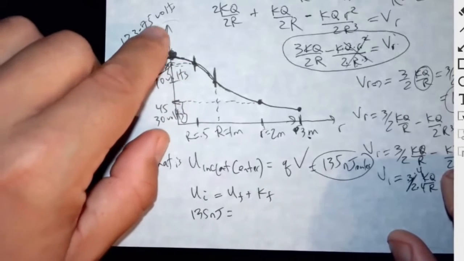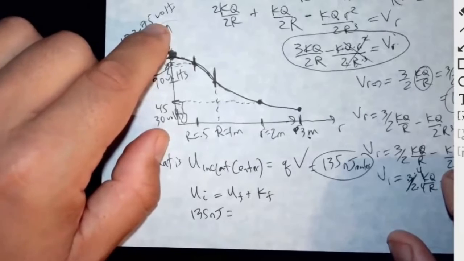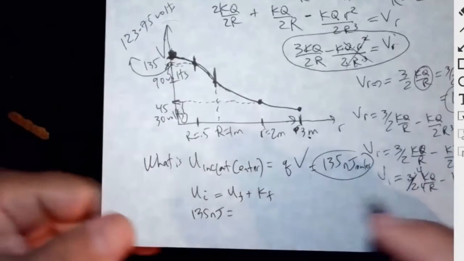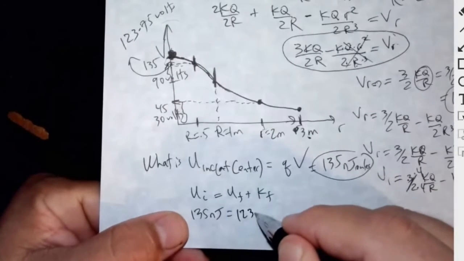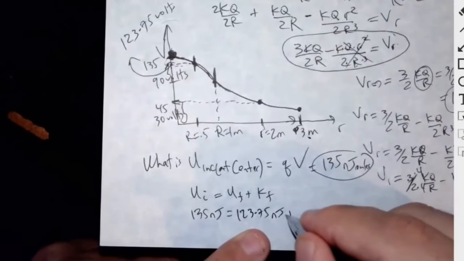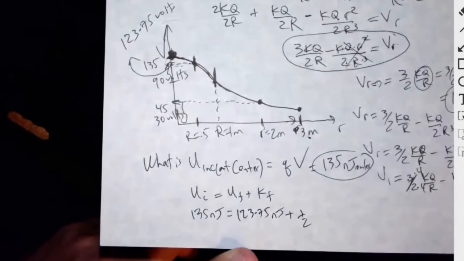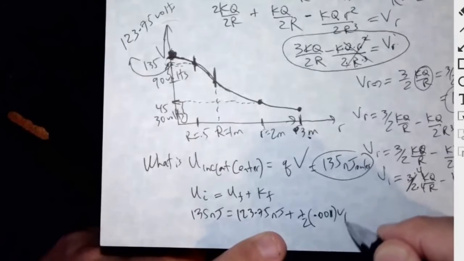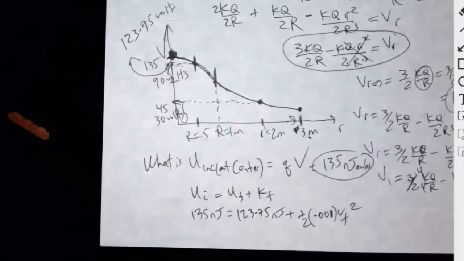What was it? 123.75, right? So you just take the voltage there times the charge that it has. So then 123.75 nanojoules plus 1/2 times its mass in kilograms times v squared. Okay, that's it. You see that?